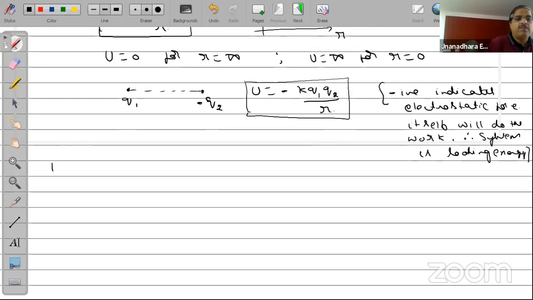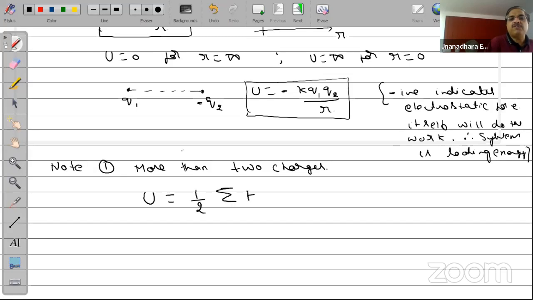Now, an important point to note here is, if you have more than 2 charges in the assembly, then the total potential energy will be given as half of summation of K Qi Qf divided by Rif, where i and f will not be the same.